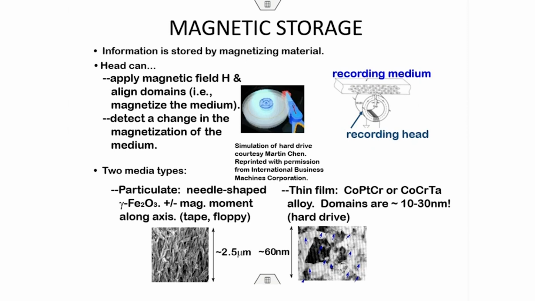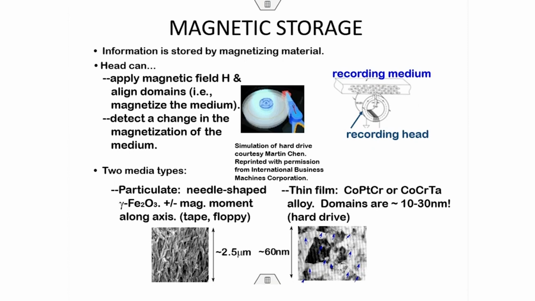Similarly, a recording head can align the magnetic particles in the media depending on how you speak, and if you take this recorded media to a player and apply a magnetic field, you can listen to the music. That is what happens.